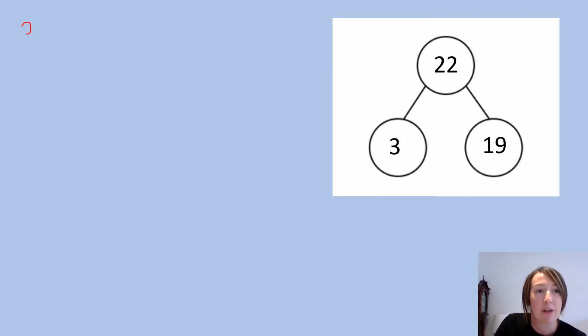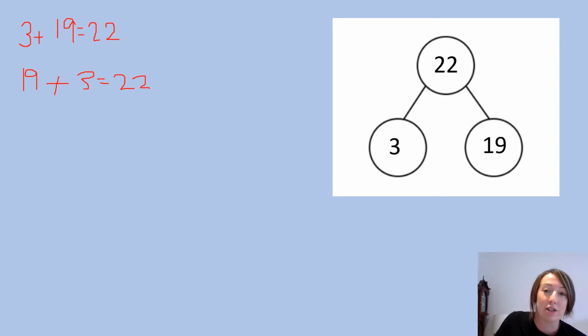So I would know that 3 add 19 equals 20. Oh my goodness, 22. And then I'm going to flip that to make another add. 19 add 3 equals 22. Then I'm going to do my basic takeaway, and remembering I always take away using a whole.